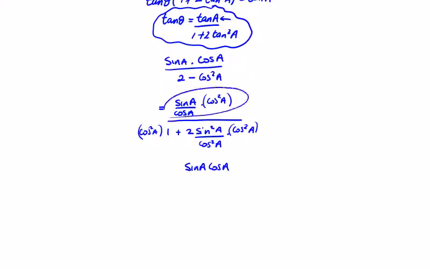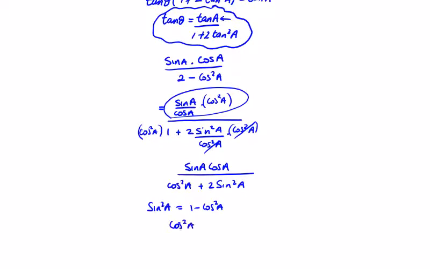Multiplying this guy out. And then on the bottom, these two will cancel. And we have cos squared alpha plus 2 sine squared alpha. We know that we want cos squared on the bottom, while sine squared alpha is equal to 1 minus cos squared alpha. So that should help.